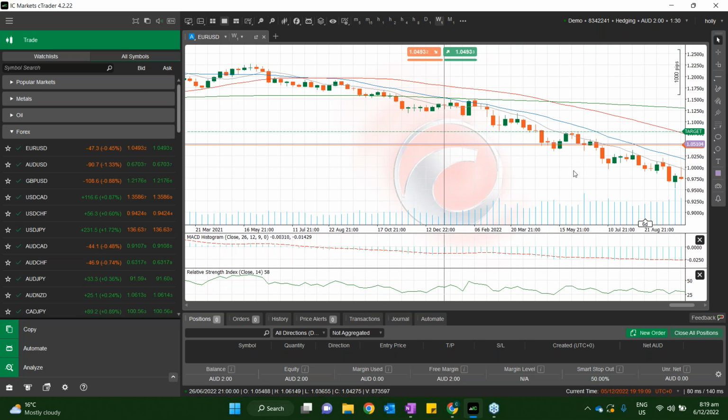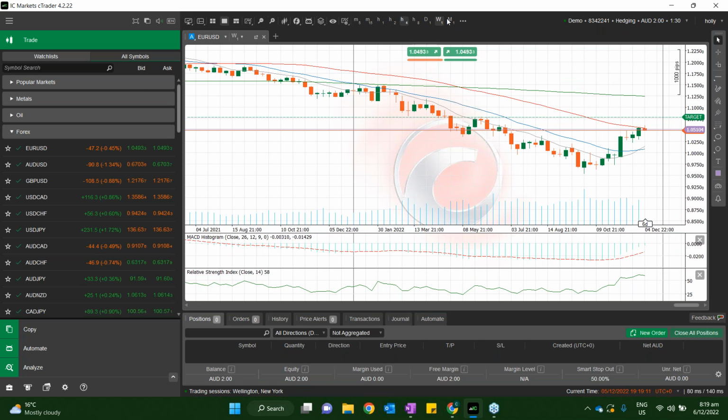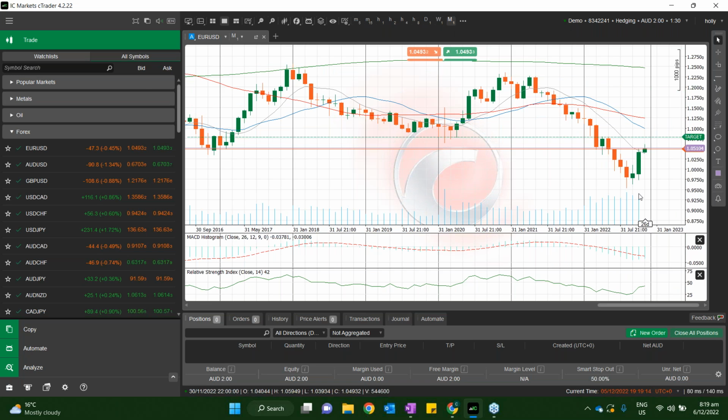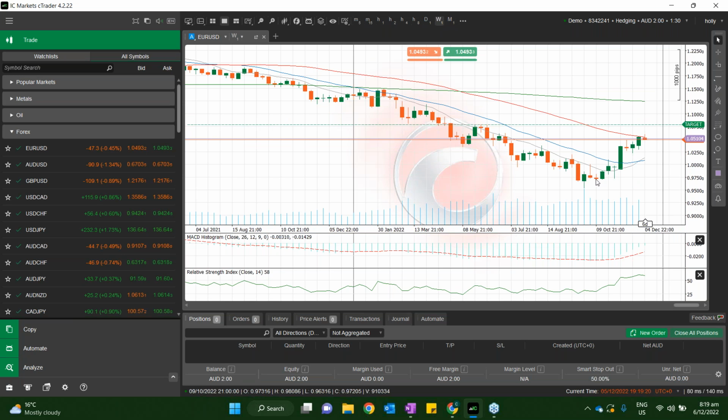Okay, so that's exactly what it's done, because it's given you this massive pullback on the monthly back to the monthly moving averages. Obviously, that means we're going to see on the weekly a pull beyond the sell zone, which means you wouldn't be considering a short opportunity at the moment, because you've gone past the sell zone.